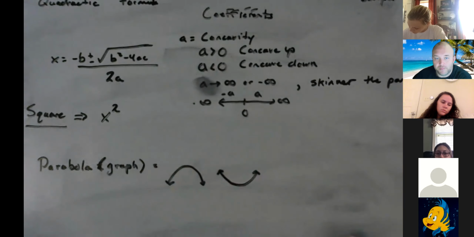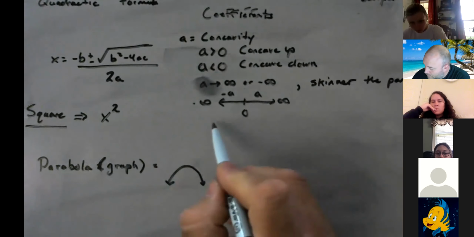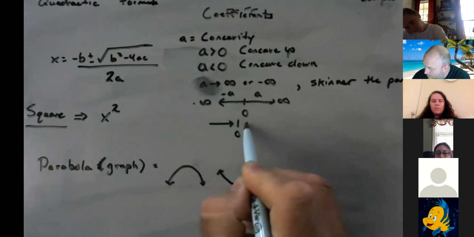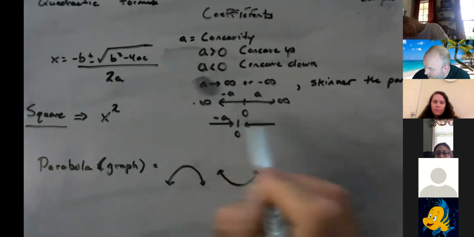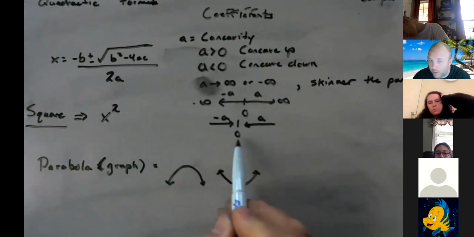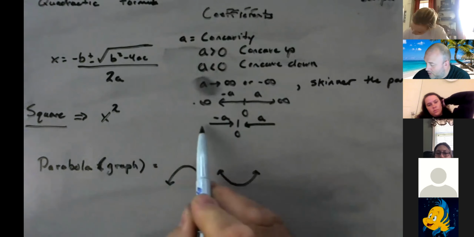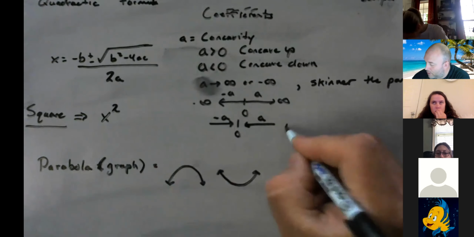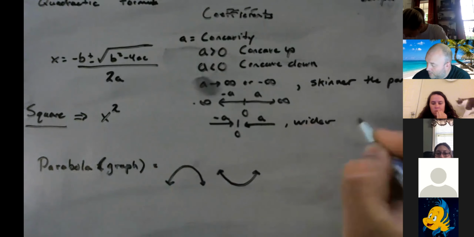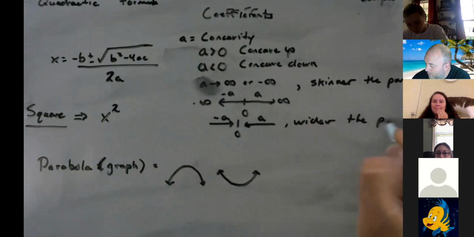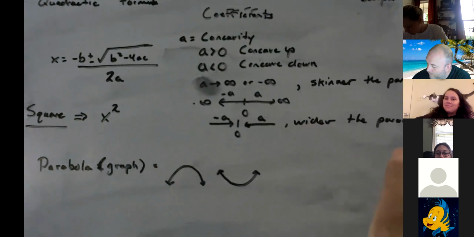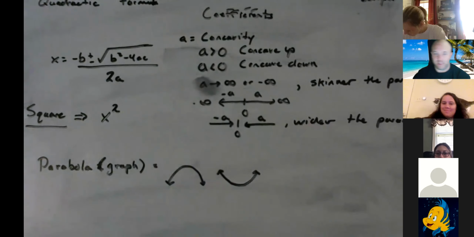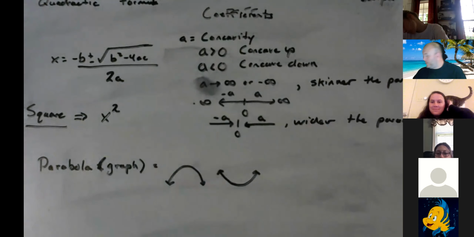Now, as negative A or A approaches 0, so coming from negative infinity, coming from positive infinity, but gets closer to 0, the wider the parabola. Okay, and we're going to go back to the Desmos screen to help us illustrate that. Take another 30 seconds, write that down.